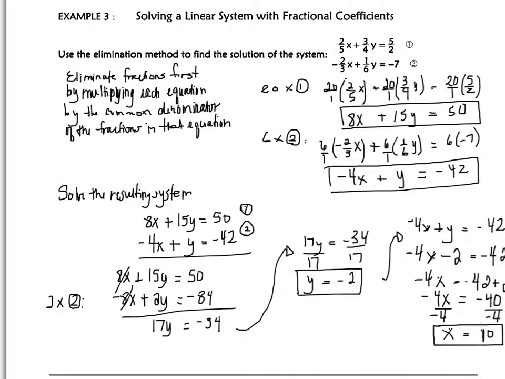And then if you check it in the second equation, -2/3 of 10 would be -20 over 3, plus 1/6 of -2, which would be -2 over 6 or -1/3. So you've got -20 over 3 minus 1 over 3 is -21 over 3, which is -7. So it does work in both equations.